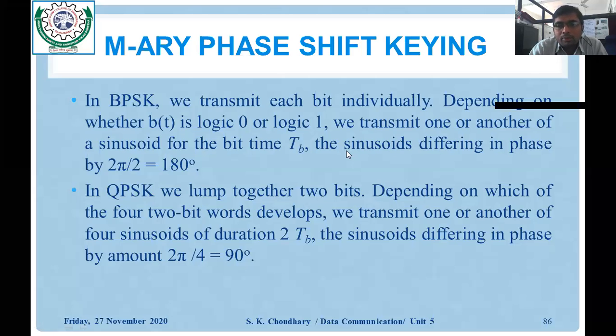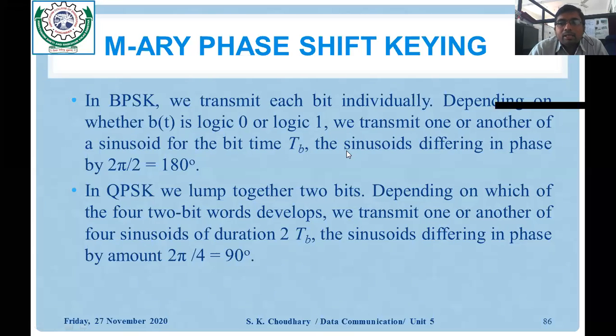So here the duration of transmission is increased, and the sinusoids differ in phase by the amount of 2 pi upon 2 raised to the power 2, meaning 2 pi upon 4, that is 90 degrees. So the phase shift between the two symbols is decreased, to 90 degrees only, as well as the bandwidth is also decreased.